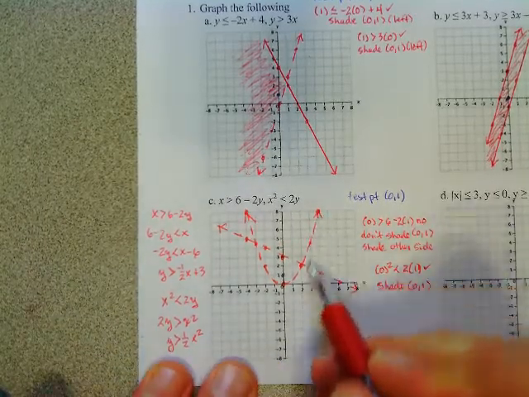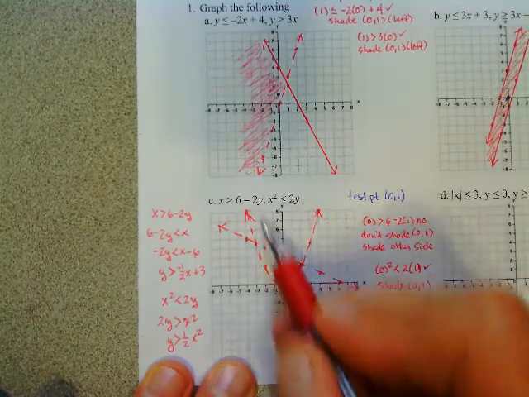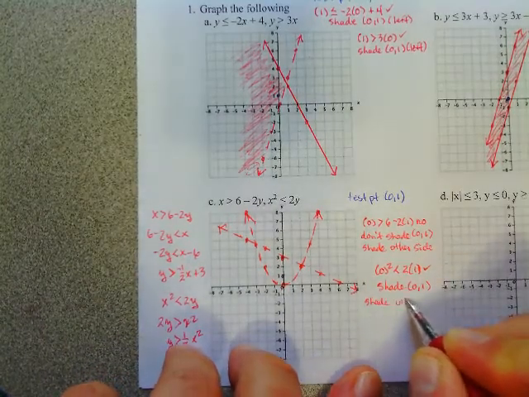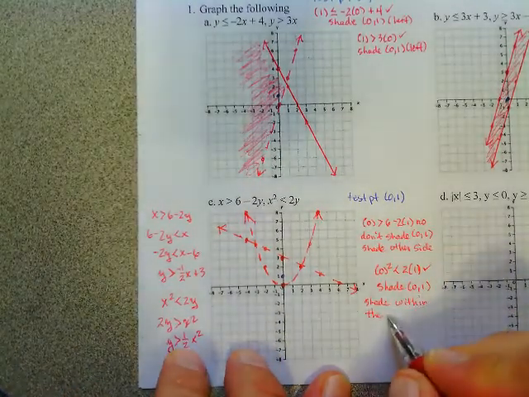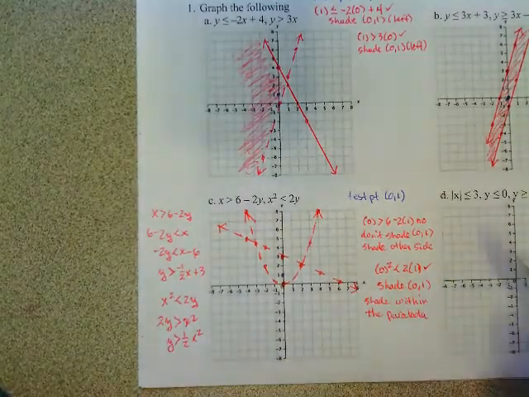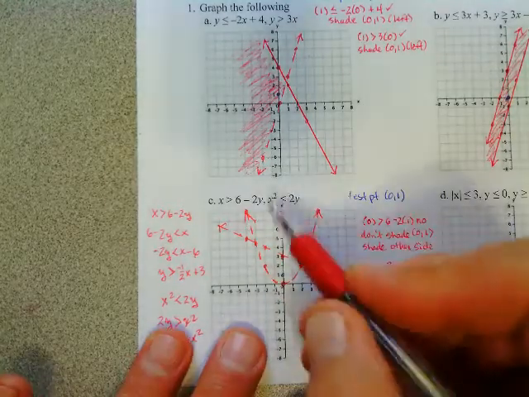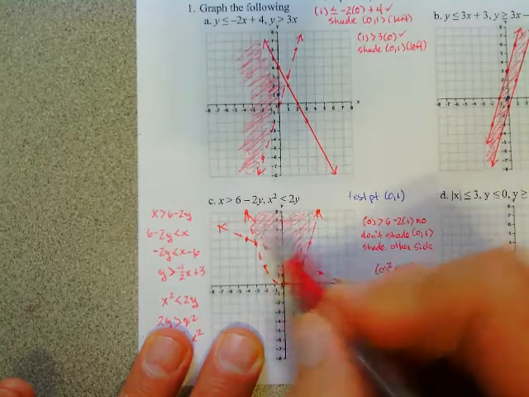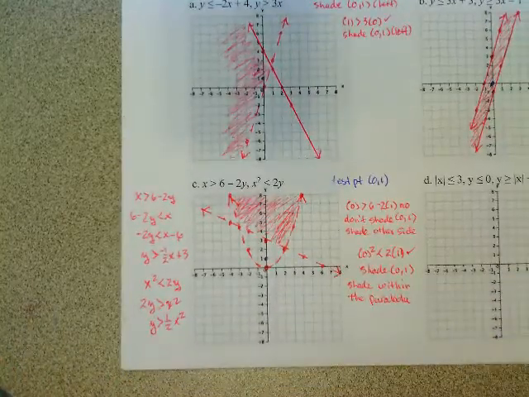So we're talking about the parabola. Here's the 0, 1, so that means we have to shade within the parabola. We need to be above the line, but within the parabola, and so we would end up shading this. This would be what we would shade. And there's our solution for part C.